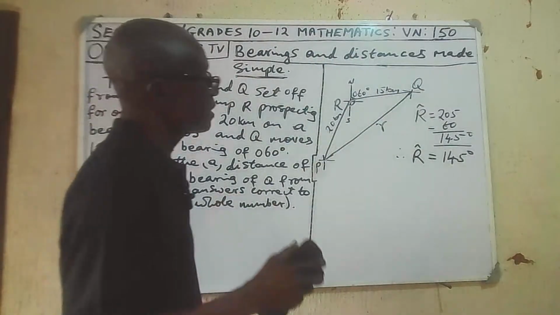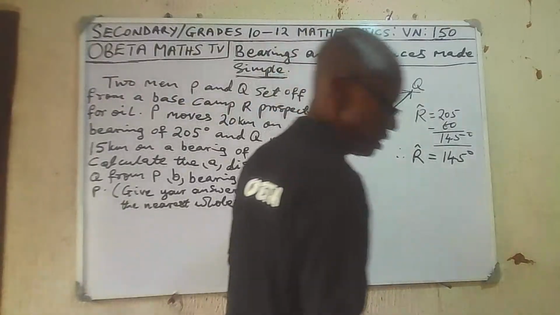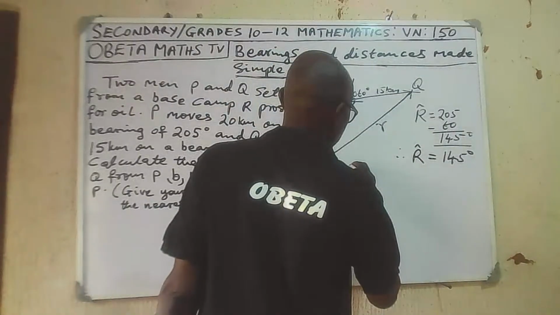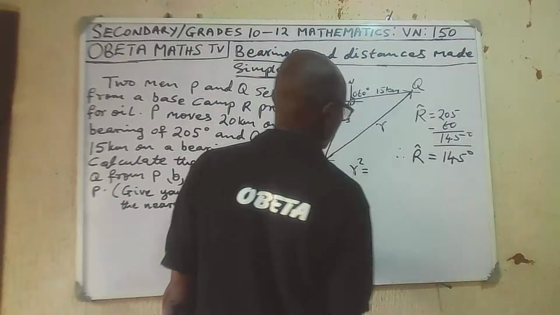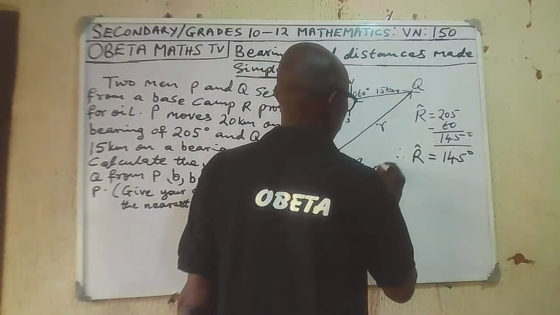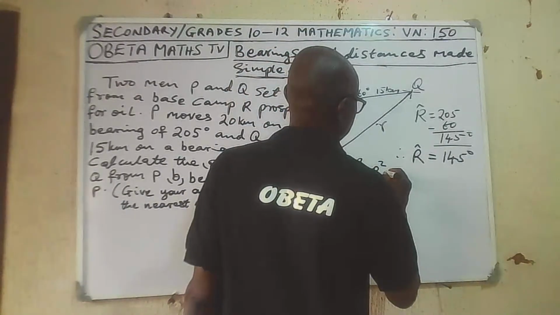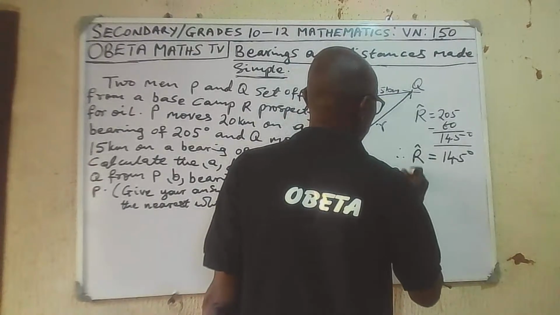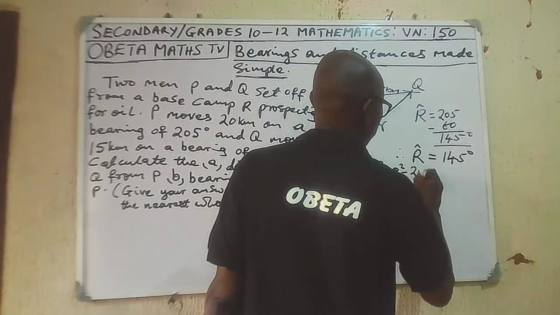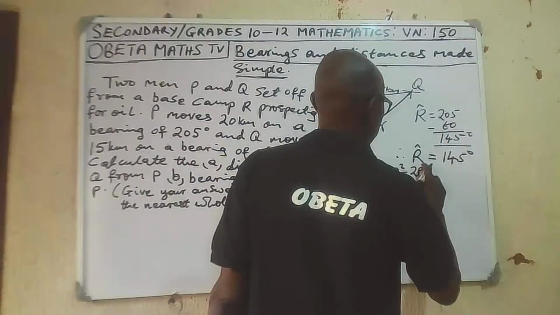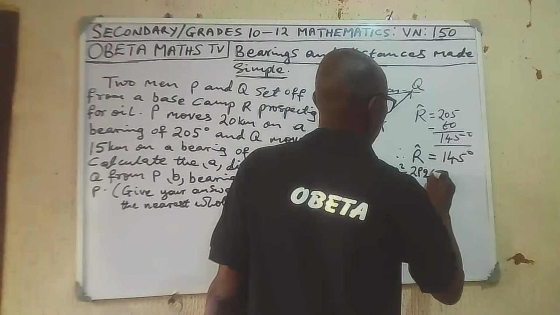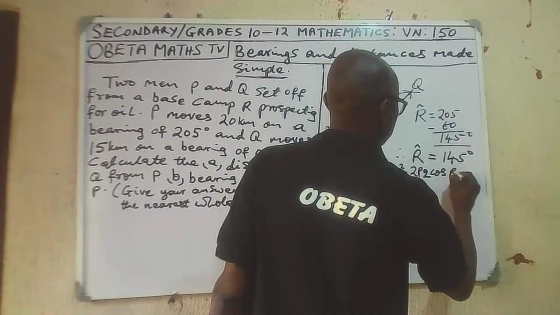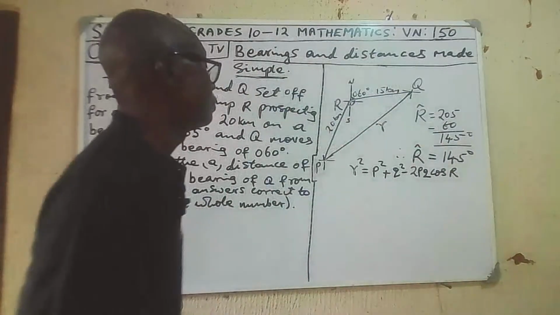Now the next step is to go ahead and calculate the distance. We have r squared is equal to p squared plus q squared minus 2pq cos r.